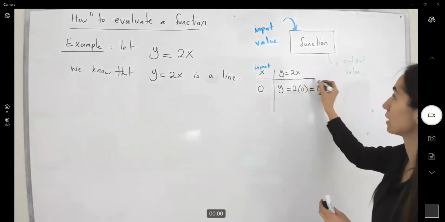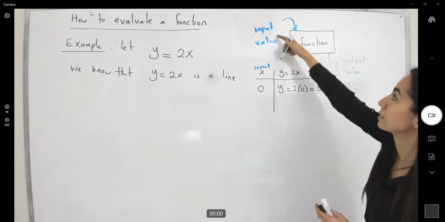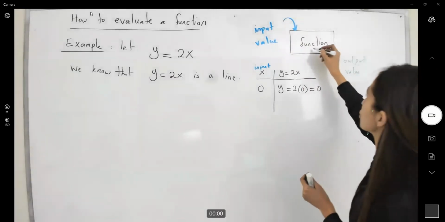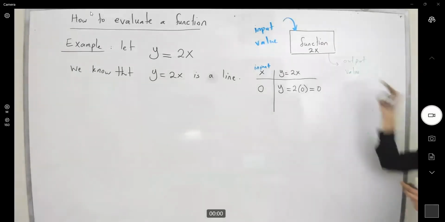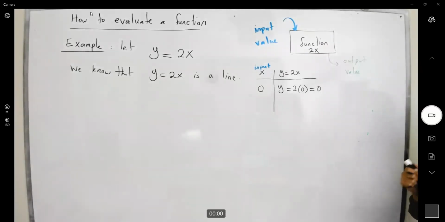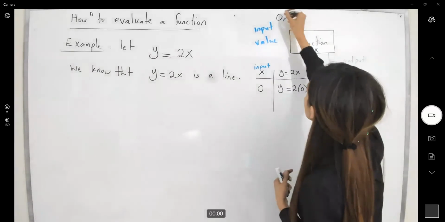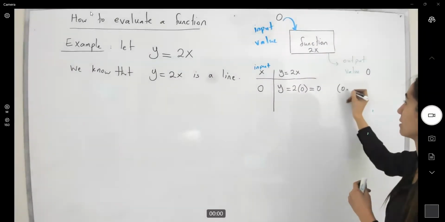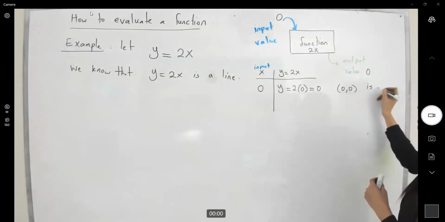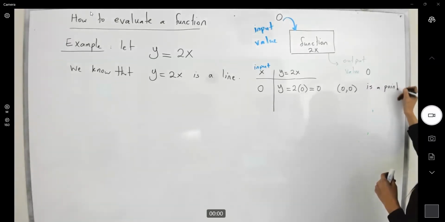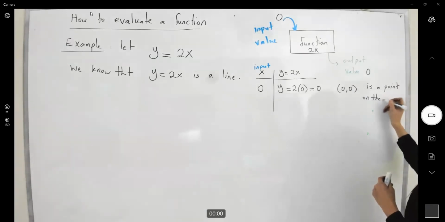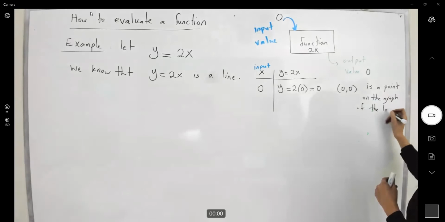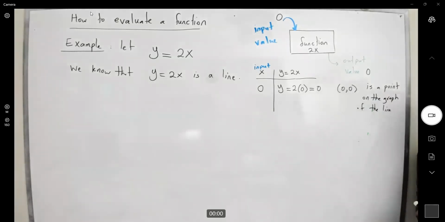So what's the meaning of that? It means that 0 came into the machine, this function which is 2 times x, and it gave me 0 back. 0 in, 0 out. It means that 0 and 0 is a point on the graph of the line. Okay, not that bad. It was so simple.